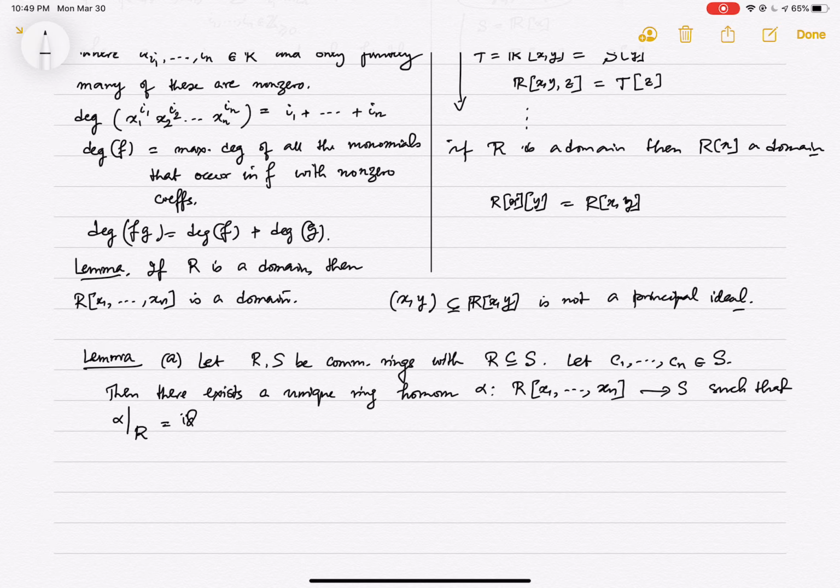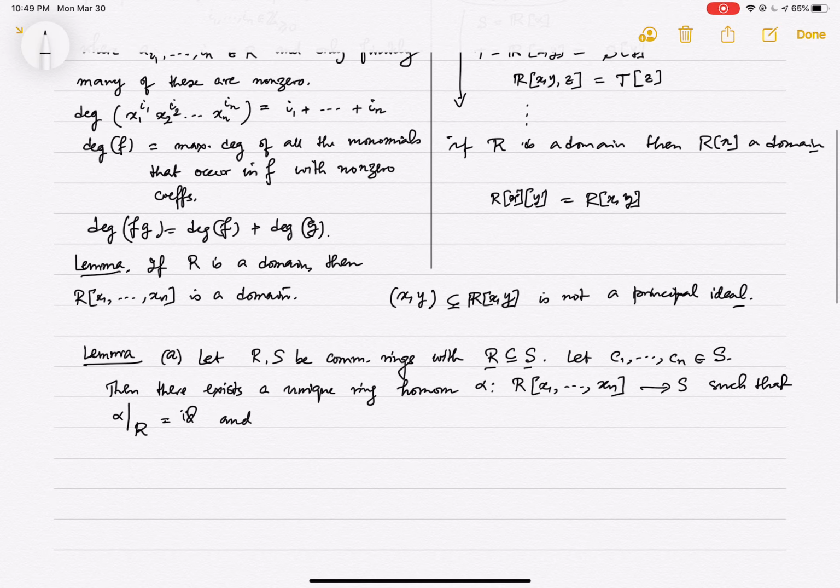Because you see R is a subset of S, so I'm just going to not touch the coefficients, not touch the constants, so to say. The constants go to the constants, and such that alpha of xj is cj.